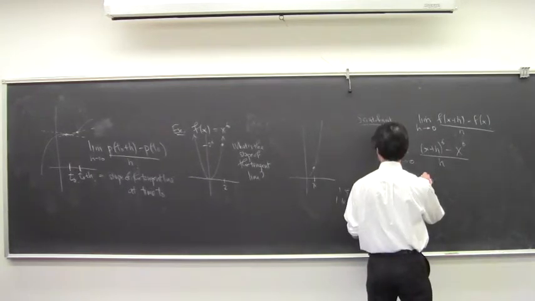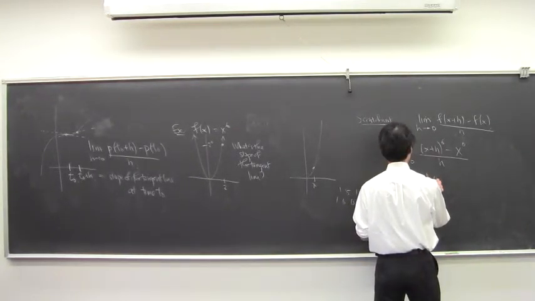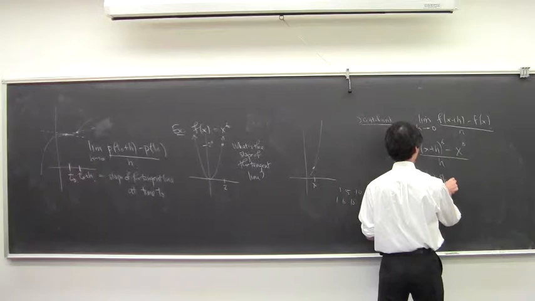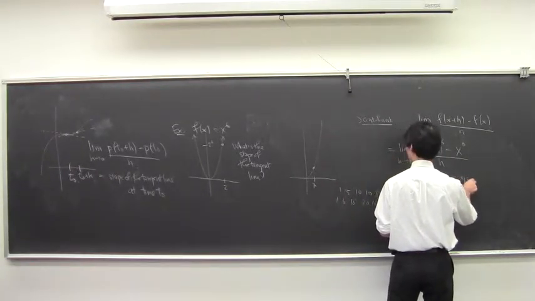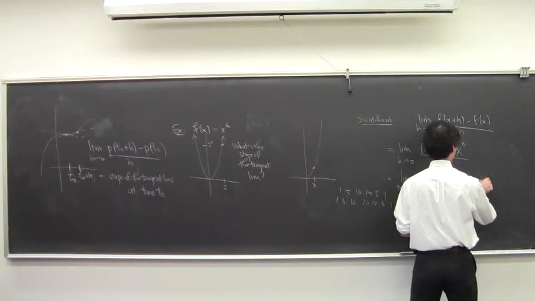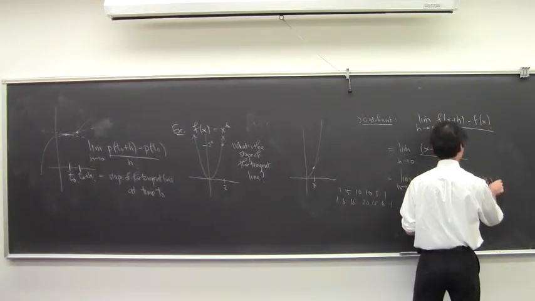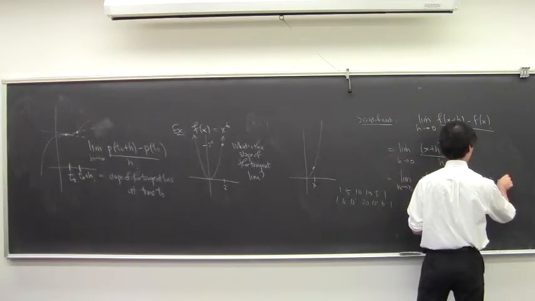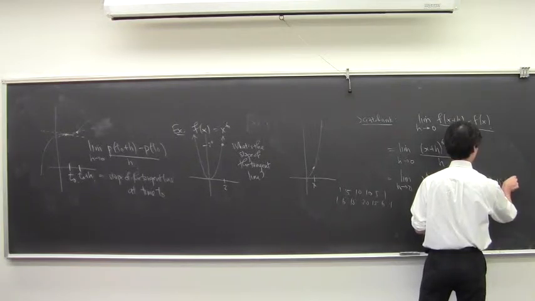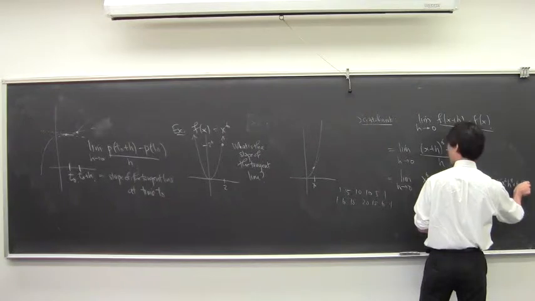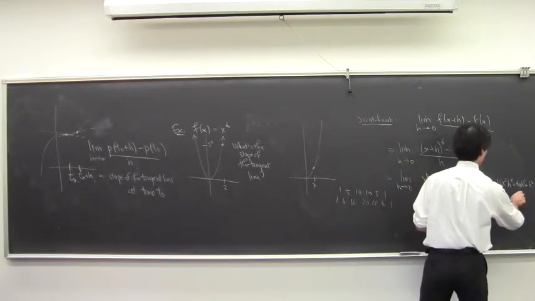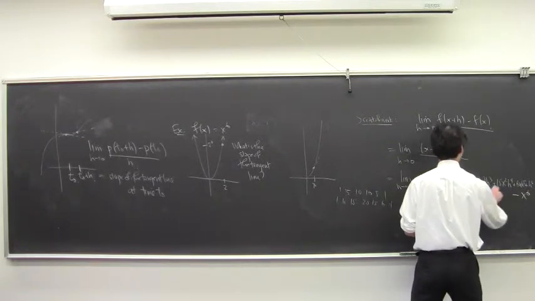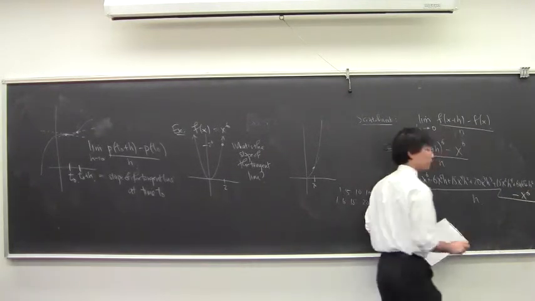So it'll be x to the 6th plus 6x to the 5th h plus 15x to the 4th h squared plus 20x cubed h cubed plus 15x squared h to the 4th plus 6x h to the 5th plus h to the 6th, and then minus x to the 6th, everything over h.